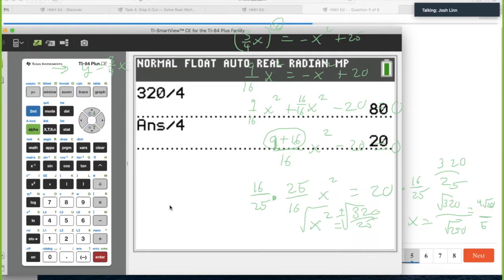Oh yeah, you can take another 4 out. So here's our answer. So then we would have 4 times 2, forgot 4 is a perfect square. 5, square root of 5, over 5, which is going to equal 8 square root of 5 over 5. Plus or minus, of course.